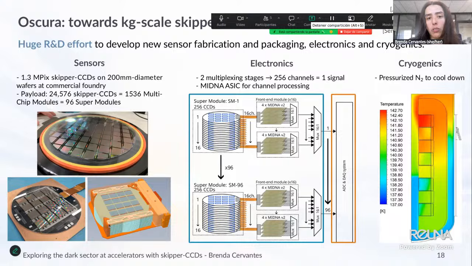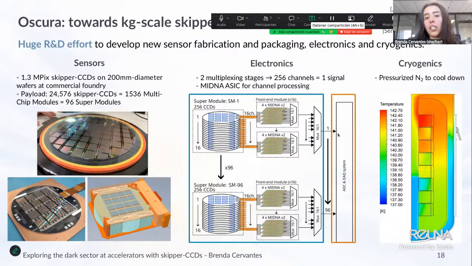Also for Oscura, we did a huge effort developing new readout electronics, because right now we are just reading tens of sensors, but in Oscura it will be thousands. So we implemented multiplexed electronics so that 256 sensors or channels will be read as one signal only.